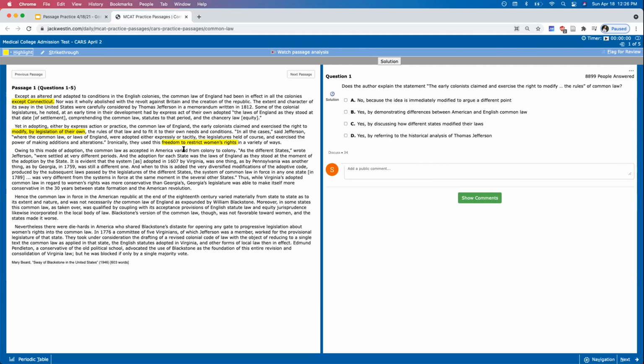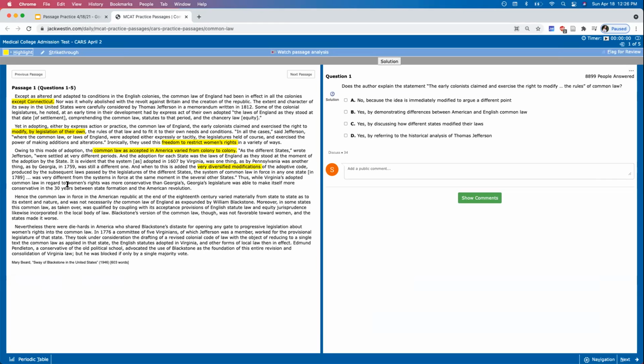But the common law did vary from colony to colony. So every colony might have had a different version of it. So they give you examples, like Virginia was something else, Pennsylvania had another one, and Georgia also had a different one. So they're giving you examples of very different modifications in the common law.